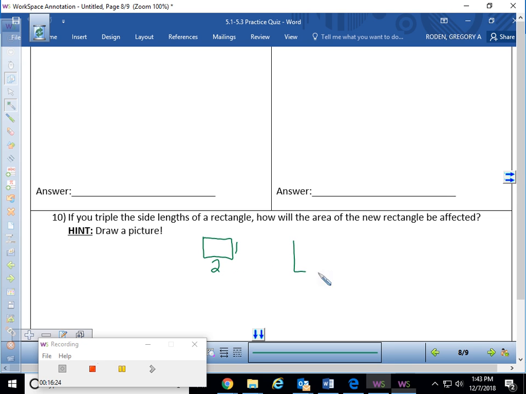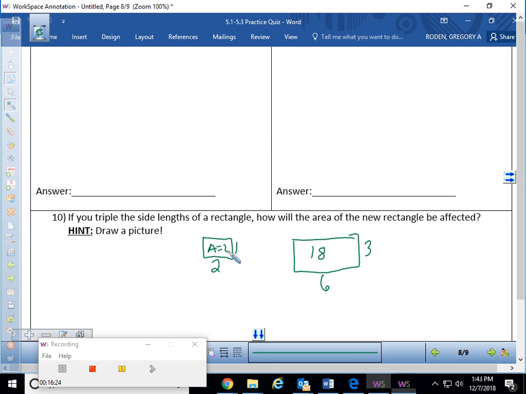Well, if we triple the sides, that means just multiply by 3. So this is going to be 6, and this is going to be 3. Now, what is the area here? This is just 2 times 1, so this area is going to equal 2. And this is going to be 6 times 3. This area is going to be 18, right?